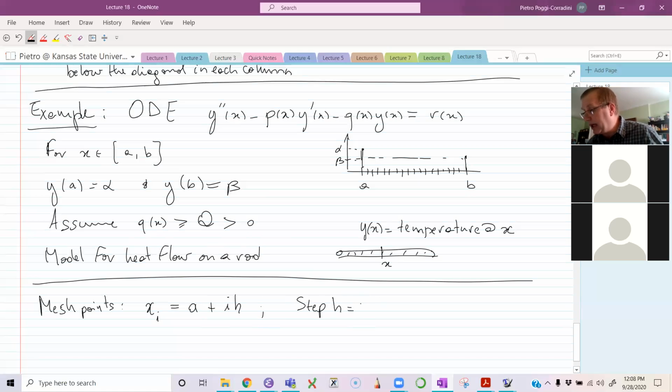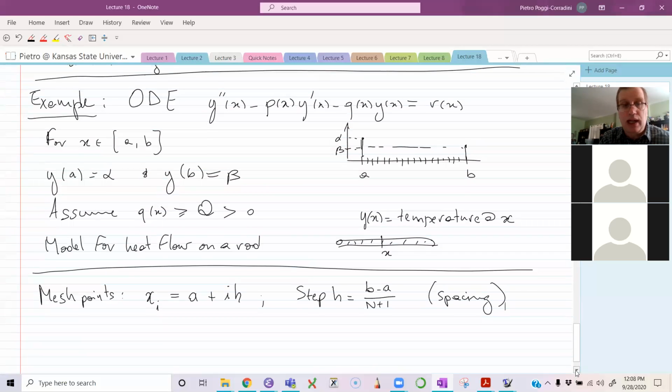And so if I want to have a certain amount of spacing, let's take the spacing to be b minus a over n plus 1.